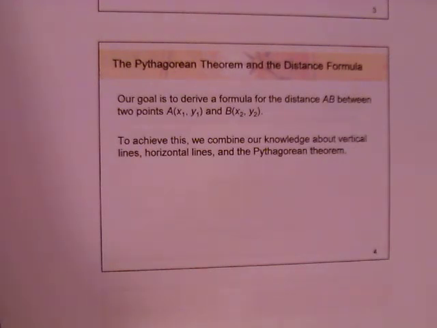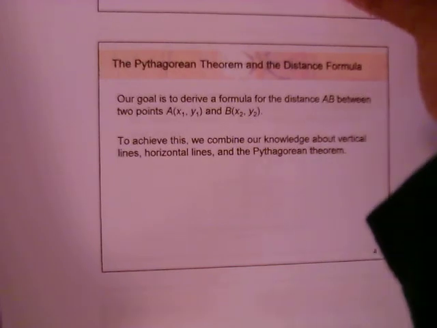If you remember, the Pythagorean Theorem is a squared plus b squared equals c squared. This is in a right triangle: the square of the hypotenuse equals the sum of the squares of the two legs of that right triangle.